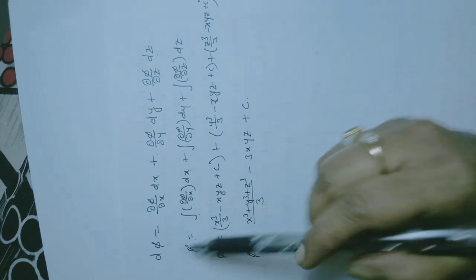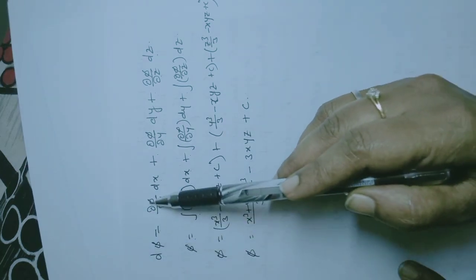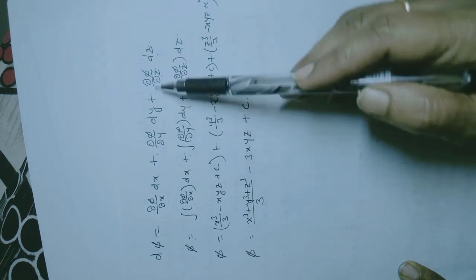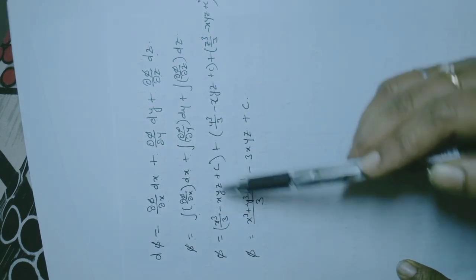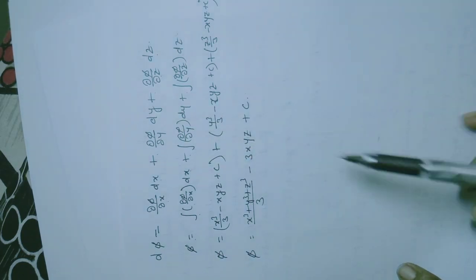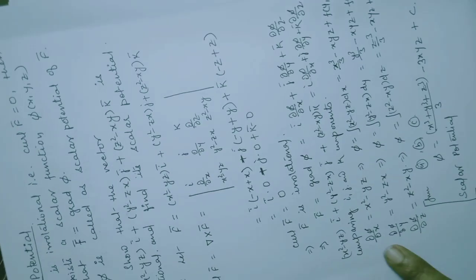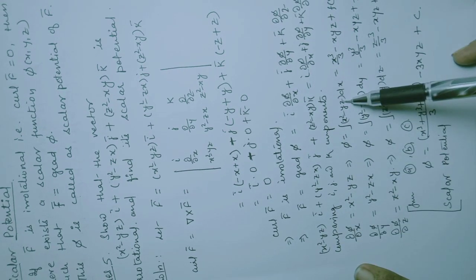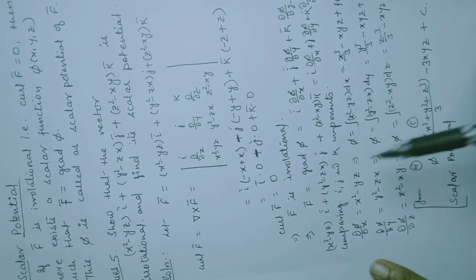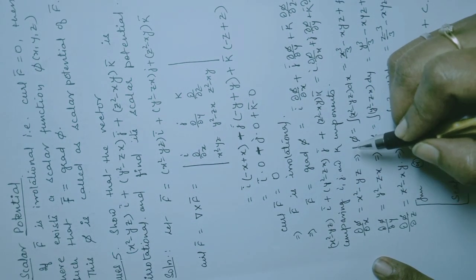So you can better understand this way: your total derivative d phi will be del phi by del x dx, and simply in the integral put the values of del phi by del x and integrate, put the value of del phi by del y and integrate. Here you already have what your del phi by del x is and what its integral will be, right?